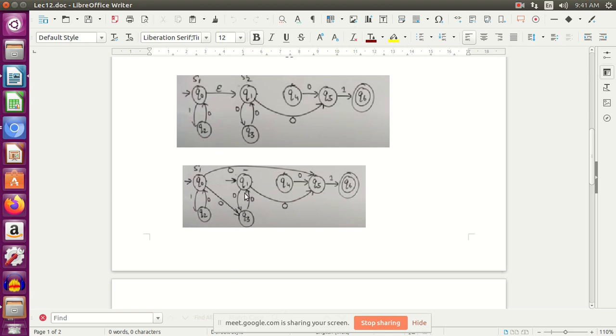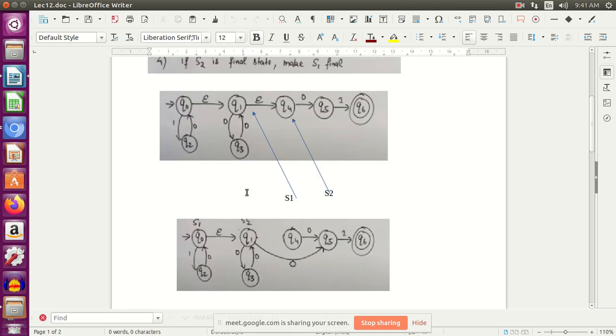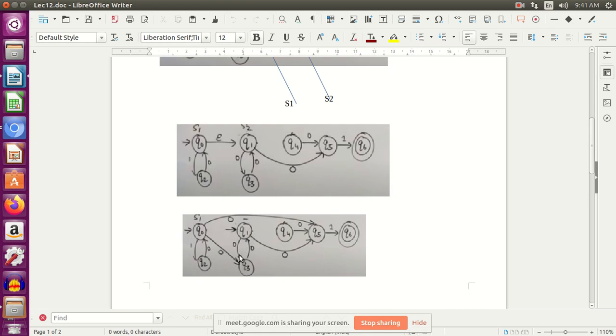Okay. Now one more thing which was not given in this series of steps: after getting this final NFA where no epsilon moves are present, we have to check one thing, that do we have an unreachable state? What is an unreachable state? An unreachable state is a state which you cannot reach starting from the initial state. That is, you start from Q0 but you cannot reach that state by any way.